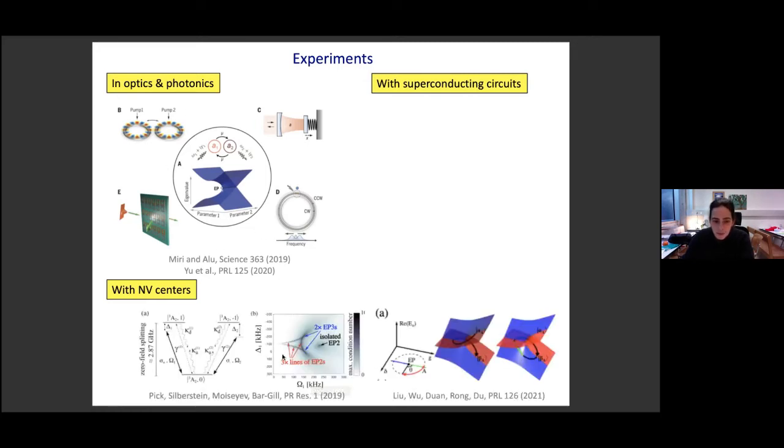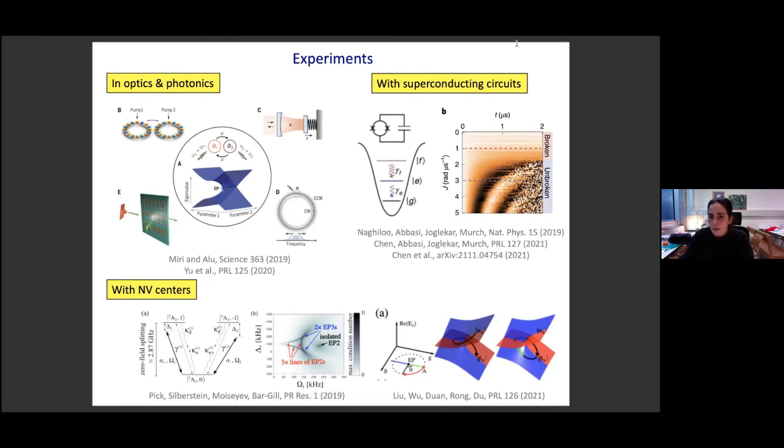There are also several experiments with NV centers, where you see evidence of third order exceptional points and second order exceptional points. There are some topological properties of exceptional points. Here, just to show you some experiments.